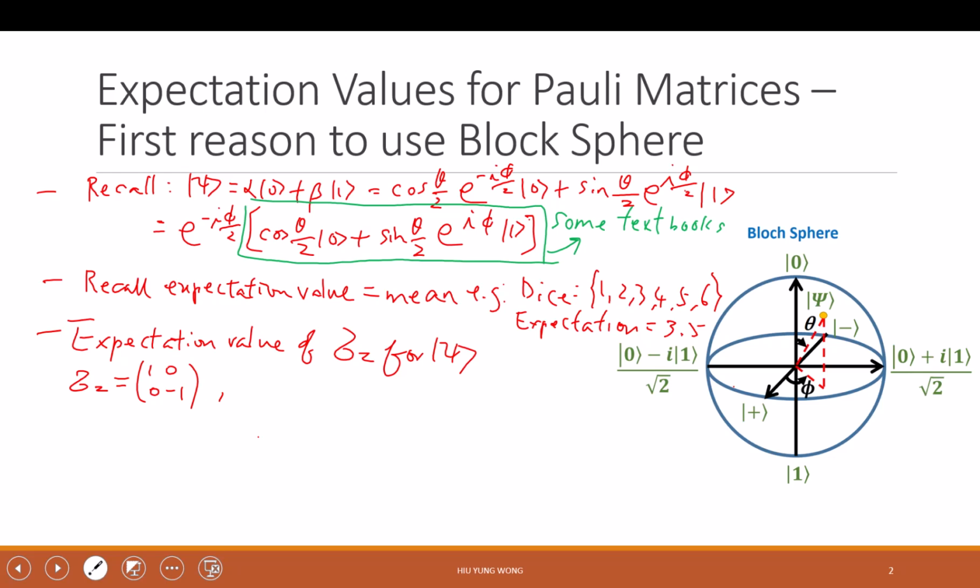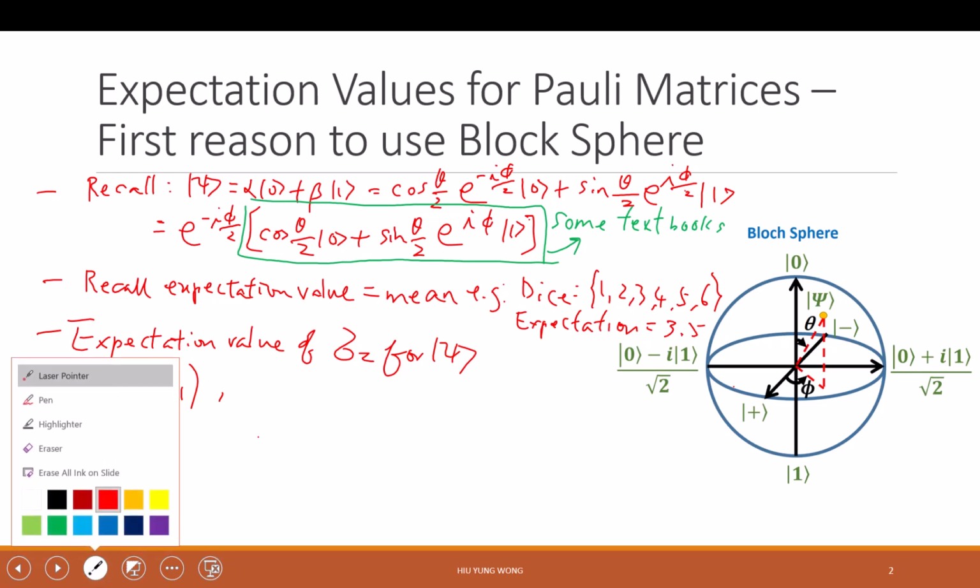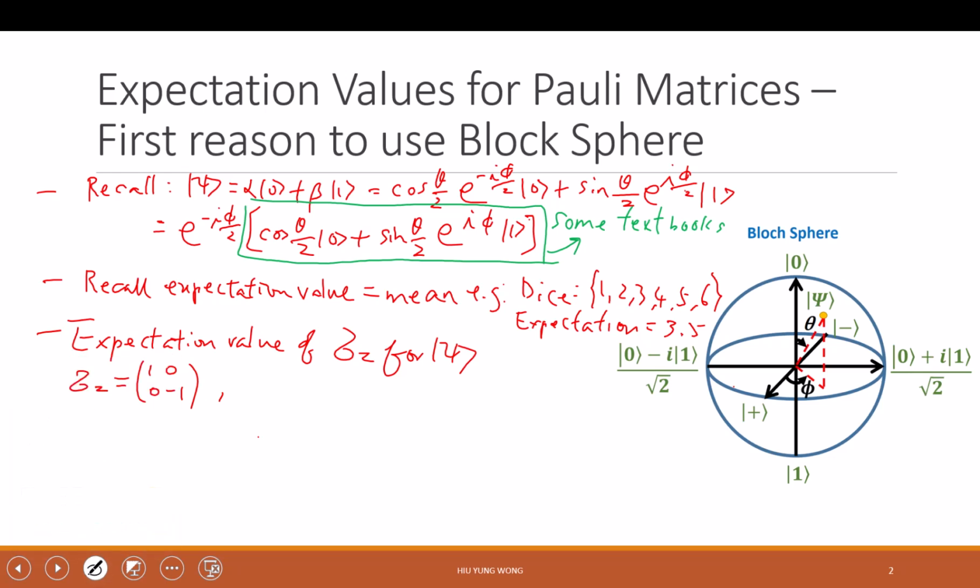And actually, we discussed this in assignment 1 also, right? So intuitively, just common sense, we can say the expectation value, of course, is equal to the probability of measuring 0 times 1 plus the probability of measuring 1 times -1.